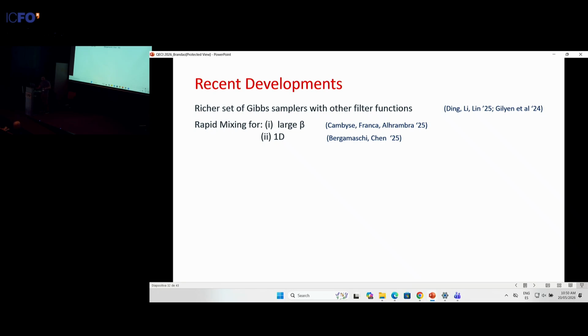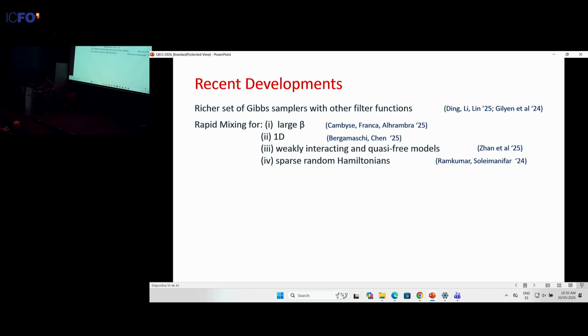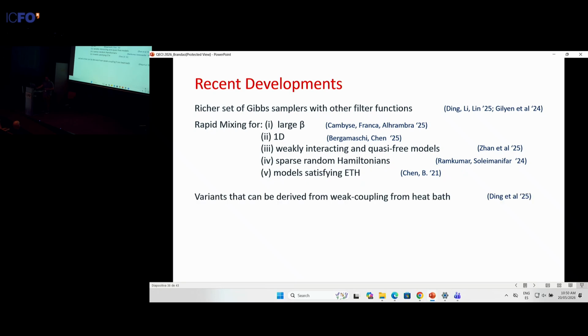In one dimension, every model has rapid mixing. In quasi-free models and weakly interacting models, there is always rapid mixing. They're not systems that we expect to be hard classically, right? But it's nice to see this. For sparse random Hamiltonians, they are rapidly mixing, and they might be classically hard actually. For models satisfying ETH, the eigenstate thermalization hypothesis, we can show rapid mixing as well.